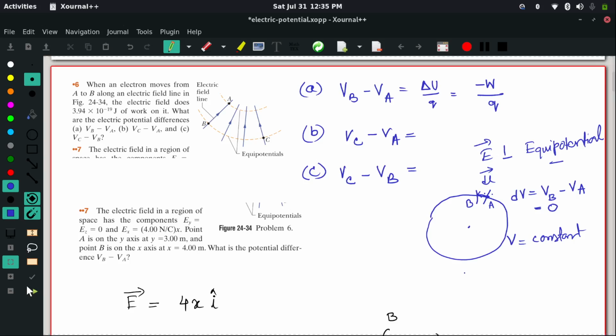You also know that dV is related to the electric field via the equation dV = -E dot dl, as probably in your textbook. Here dl is the infinitesimal distance on the curve or surface, and dV is the potential difference between these two points.